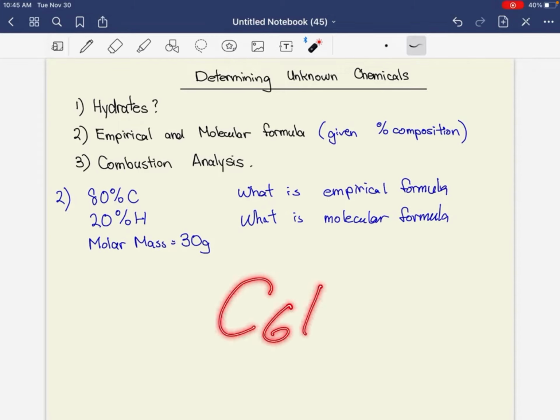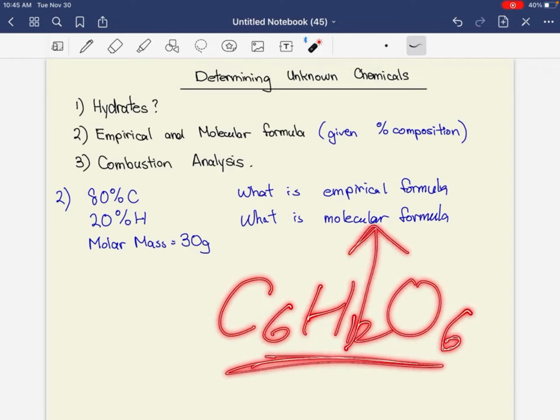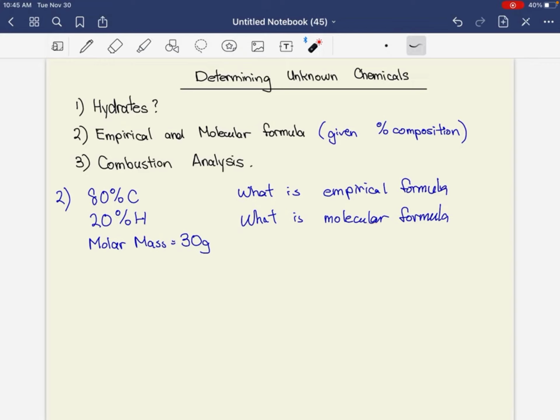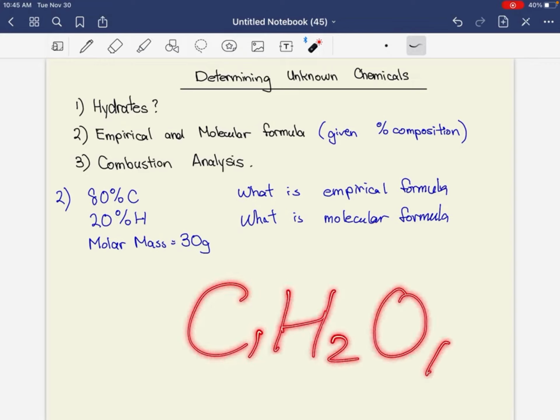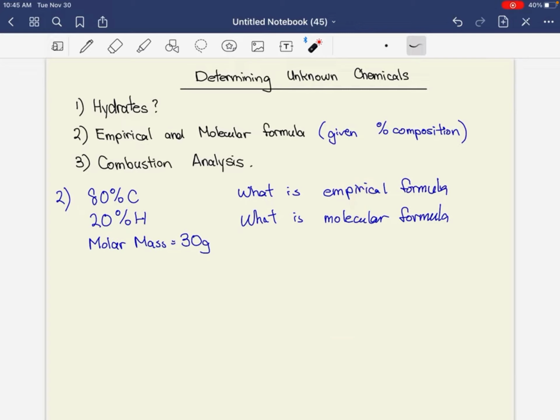So let's take a look at how we're going to do this. Now, what I've written there, of course, is glucose is the molecular formula. Okay, that's the true formula. That's sugar. But if you were to put this into empirical formula, it really means the reduced version. So the reduced version of C6H12O6 is C1H2O1.